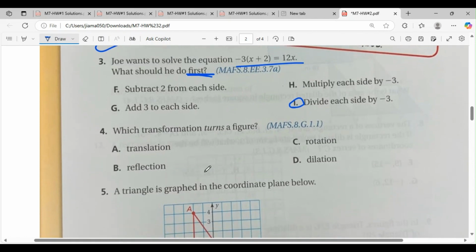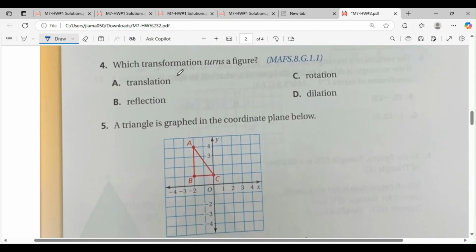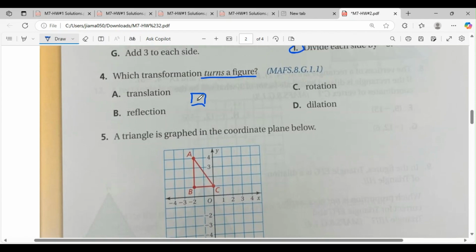Okay. Number 4. Which transformation turns a figure? Okay, so turns a figure. For example, let's draw a square. Alright, this is a square, so if we translate it 3 units to the right, it will be right here.